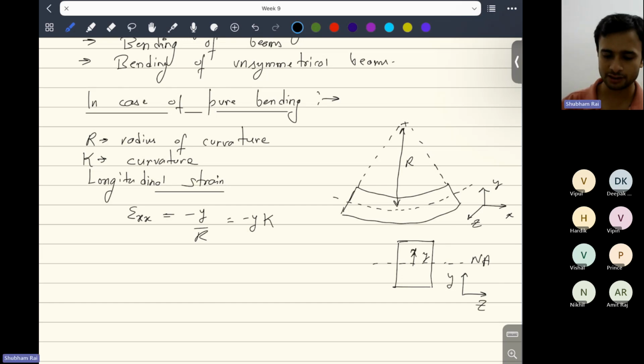Similarly, what will be the longitudinal stress? So you just have to use constitutive relation. And we are assuming that it is a linear elastic material and isotropic also. So linear elastic isotropic material.